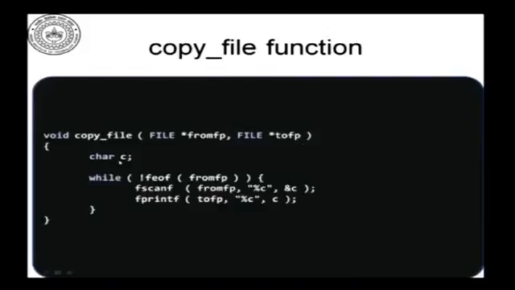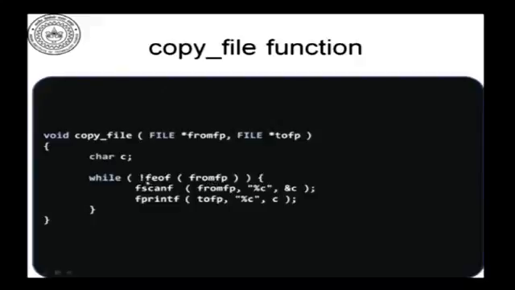And what does the function do? We have a character c, and here is a function we will see in a later video, but right now it just checks whether from fp has encountered end of file. So, feof just tells you whether you are done with the from file.